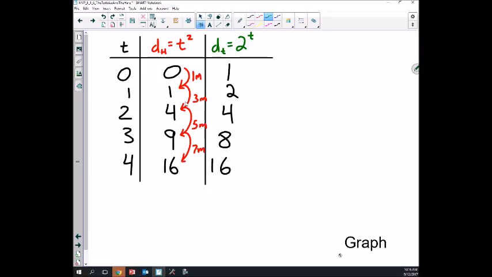And the tortoise, on the other hand, went 1 meter per second on average for the first second. Then they increased their speed by 2 meters, so they're going 2 meters per second. Then they increased 4 meters. Then they increased 8 meters. So their speed is actually increasing with time differently than the hare's.